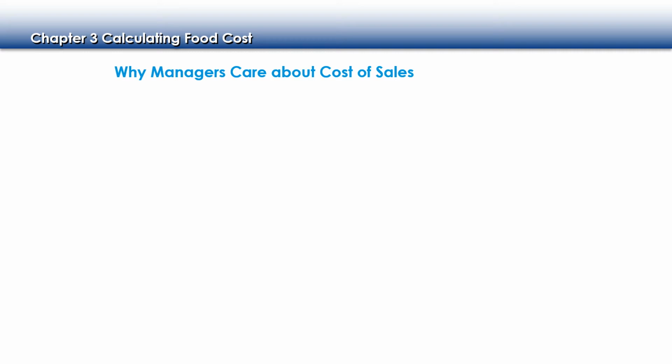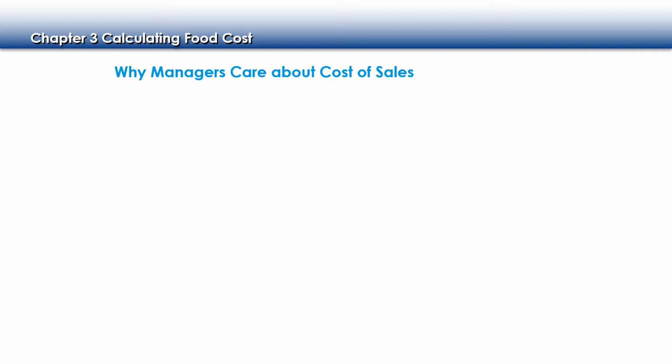Otherwise, if we use too much product, then we're going to be losing our profit. If we're not using enough of an ingredient or an item, then the guest's expectation may change. And so they may not like to order that in the future. So there's lots of different reasons why we are looking at our cost of our sales. Because the bottom line is, the more we spend on something, that's going to affect our profit or our bottom line.